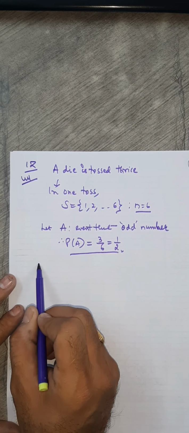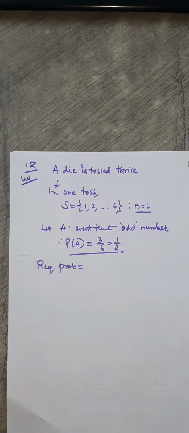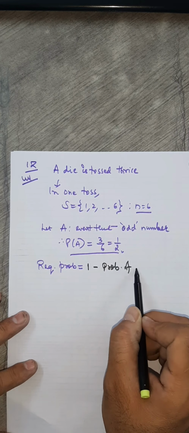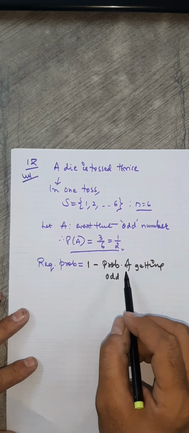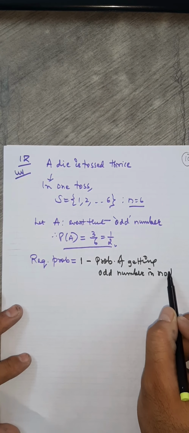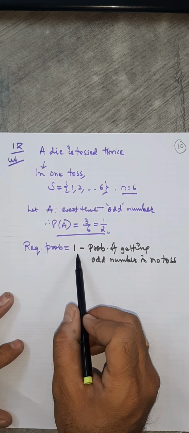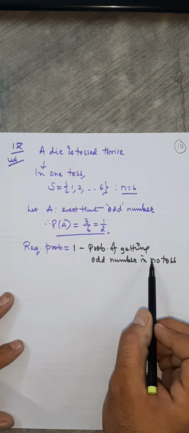Now the required probability means what? Probability that an odd number is obtained at least once. That is either 1 time or 2 times or all 3 times. So we can use the concept of the complementary event and write 1 minus the probability of getting an odd number in no toss.